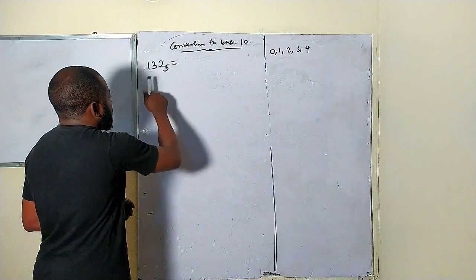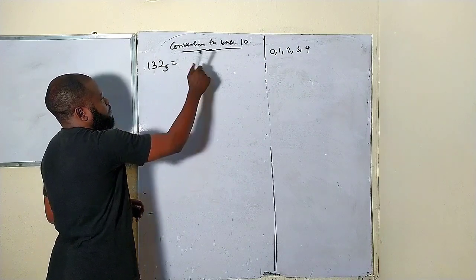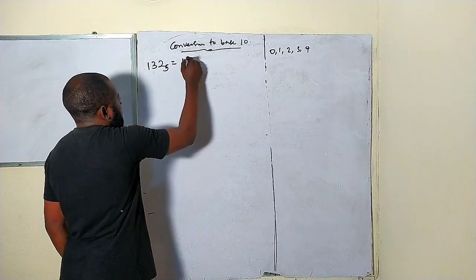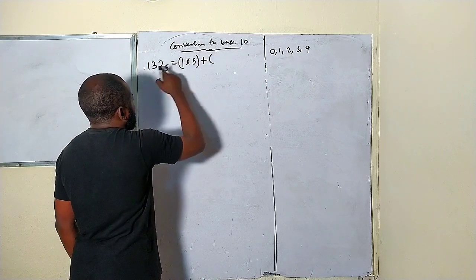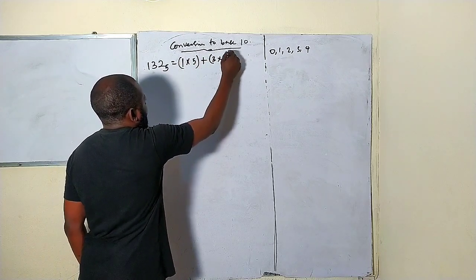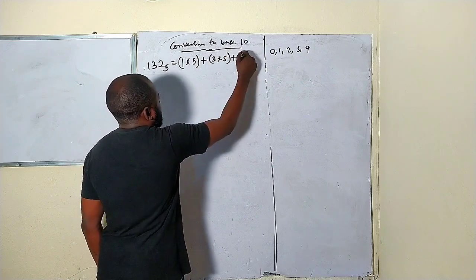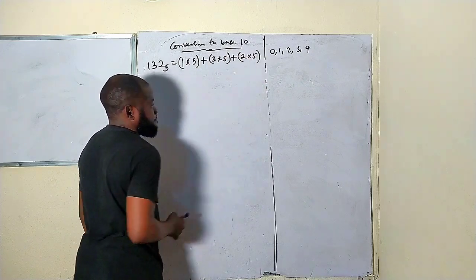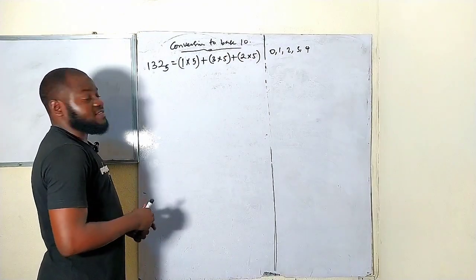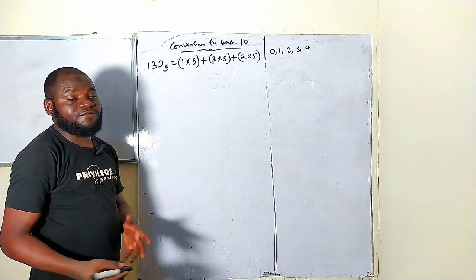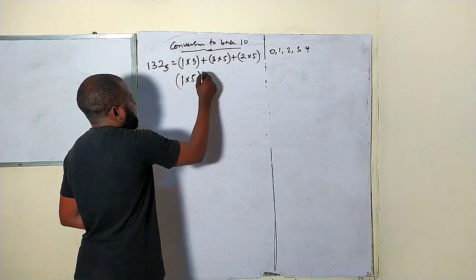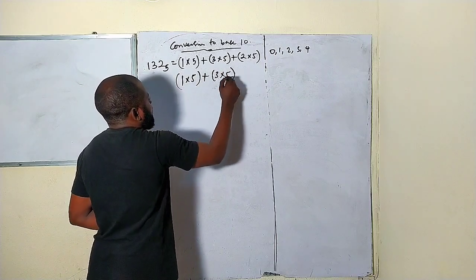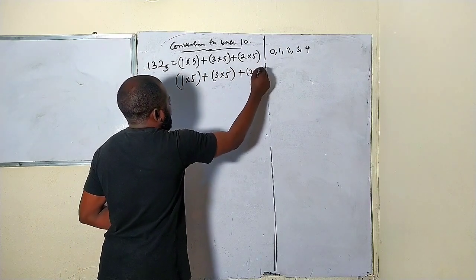So for you to convert 132 in base 5 to base 10, you pick each digit here, multiply it by 5, plus the next one multiplied by 5, plus the next one multiplied by 5. So the next thing we want to do is their place value. Let me rewrite it here so that you can understand the steps one after the other, in case you are doing this for the first time.